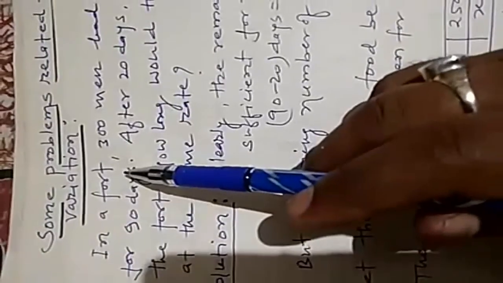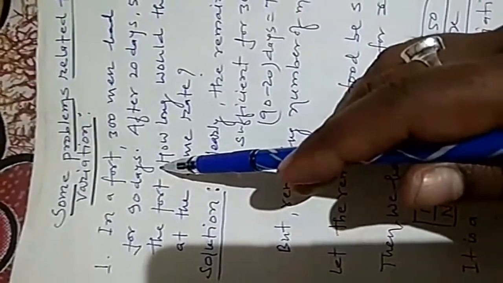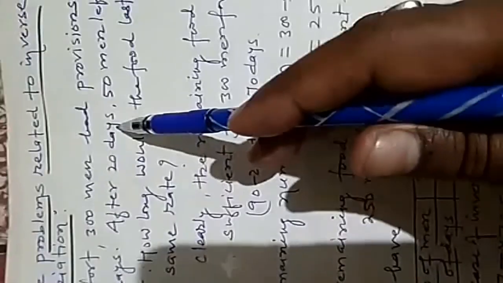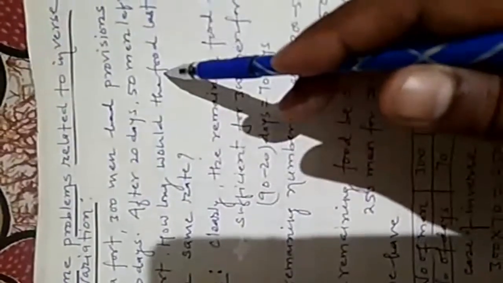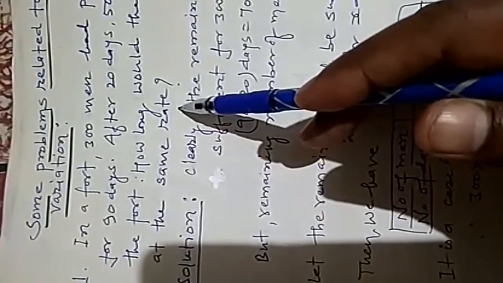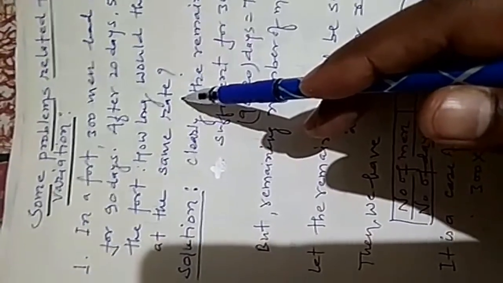In a fort, 300 men had provisions for 90 days. After 20 days, 50 men left the fort. How long would the food last at the same rate? Solution is here.